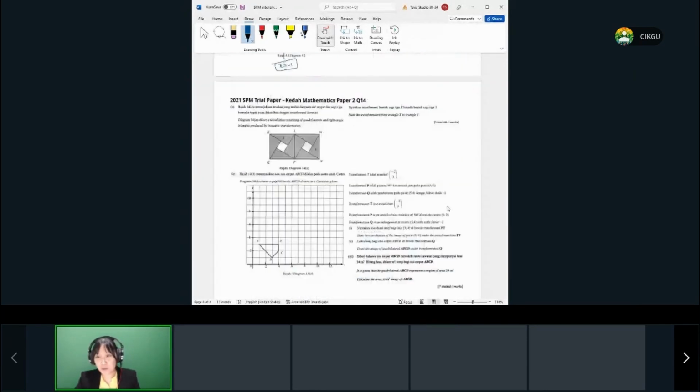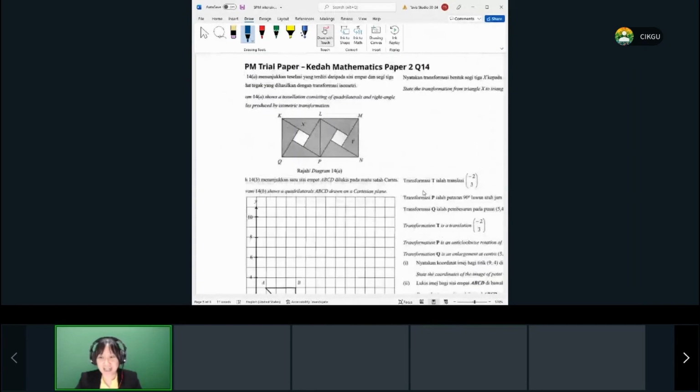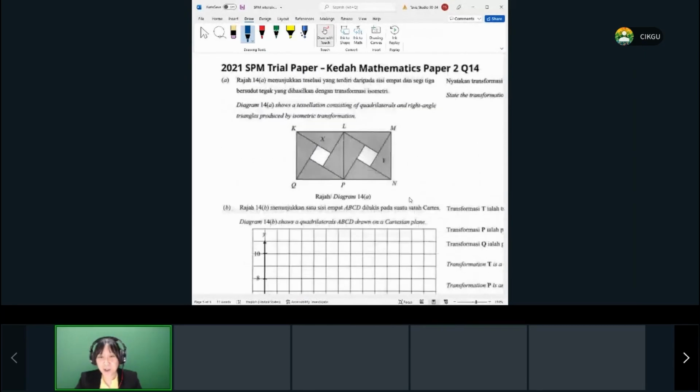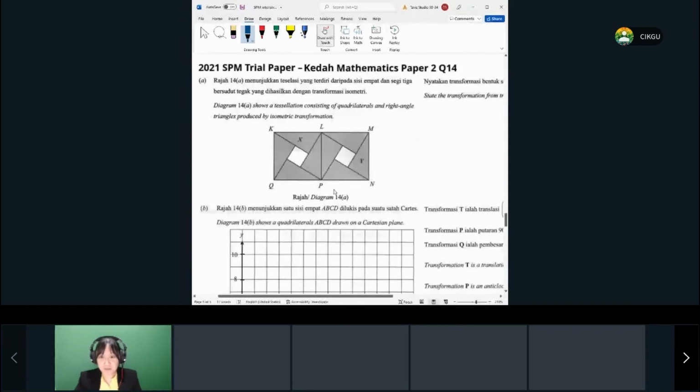Let's do one more question right here. I quite like this question. You see diagram 14A. It's a tessellation. In case anybody doesn't know what tessellation means, it means the shape is being repeated exactly.